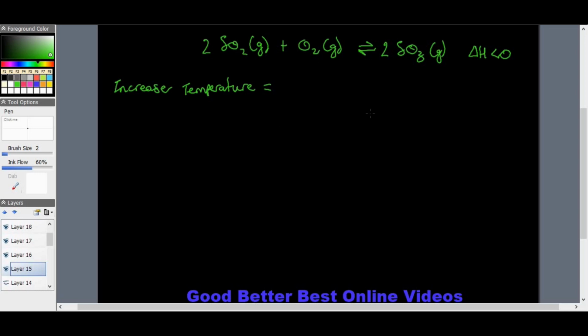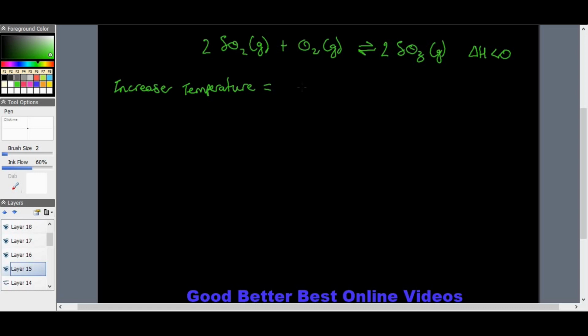Now, with equilibrium, of course, we take into consideration concentration. So how the concentration of the reactants is going to look will look something like this. Let me first say this.